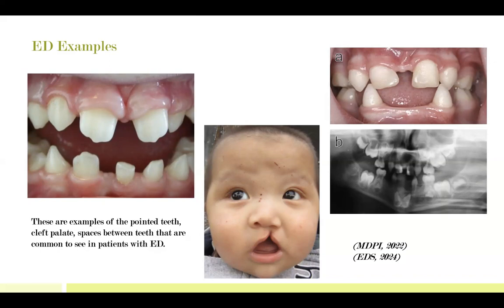And in the middle here, you can see the cleft palate that might have been affected by ectodermal dysplasia. And on the right, this shows a radiograph and a clinical picture of ectodermal dysplasia. Again, the teeth are pointed, they're very spaced out, and you can see in the x-ray, the teeth that are coming in will also be pointed and abnormally shaped.